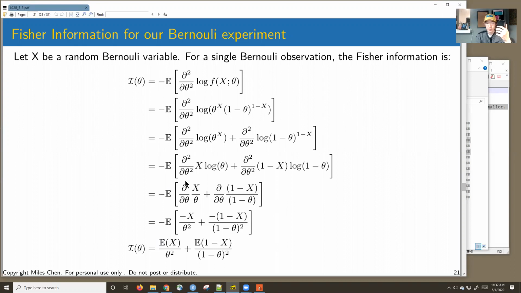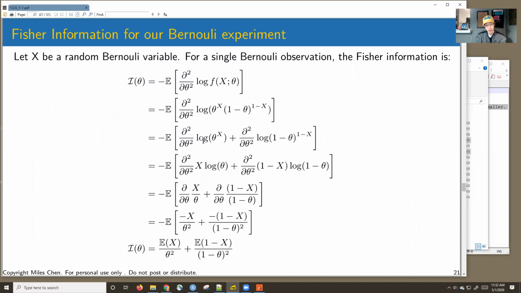We want the negative expected value of the second derivative of the log likelihood function. Our likelihood function for one observation is just the PDF or PMF, so I've got theta to the x times 1 minus theta to the 1 minus x, and we take the log of that.